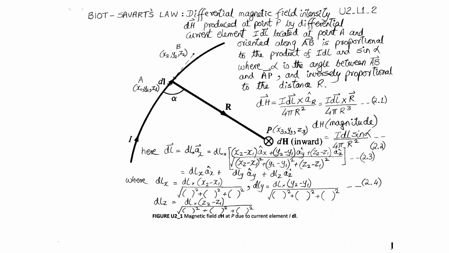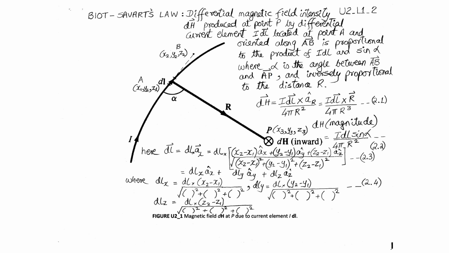So we can now say that dl is expressed as dlx ax vector plus dly into ay vector plus dlz into az vector, where, as we know, ax vector, ay vector and az vector are unit vectors along the x, y and z directions.